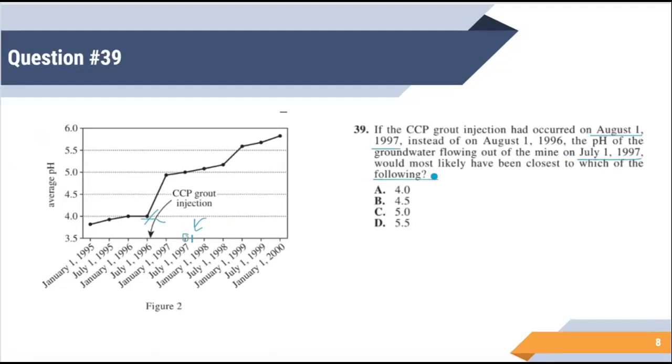So they're asking you to predict if we moved the grout about a year later, where would the pH of the water be? It looks like the pH of the water is sitting right around here. It looks pretty flat, around 4-ish pH. So if they'd moved it back and they'd measured it right before they'd added the grout, the pH should have been around 4. Your answer 39 should have been A.